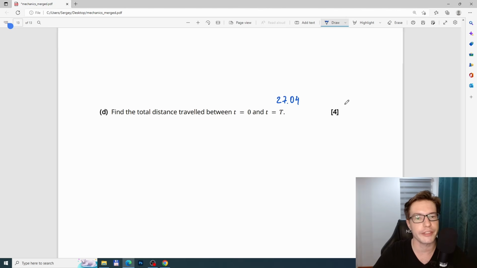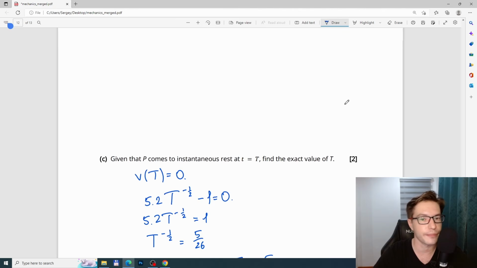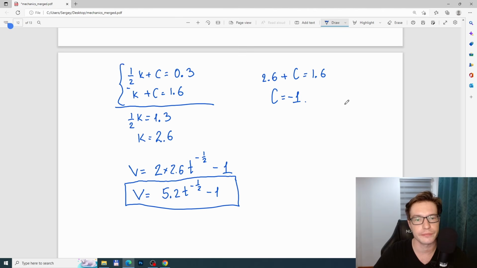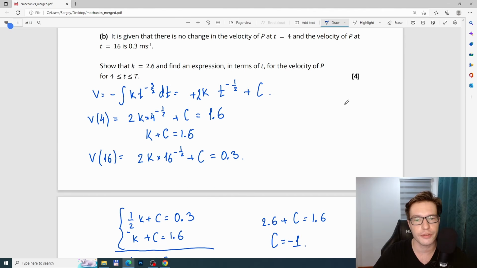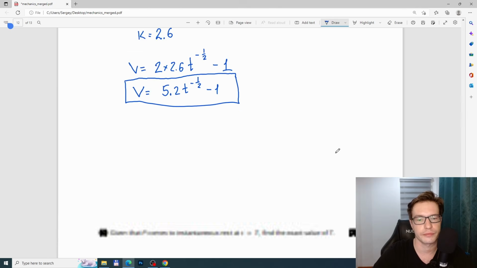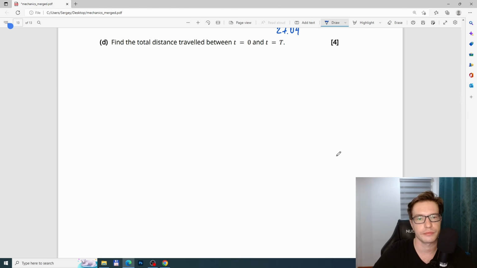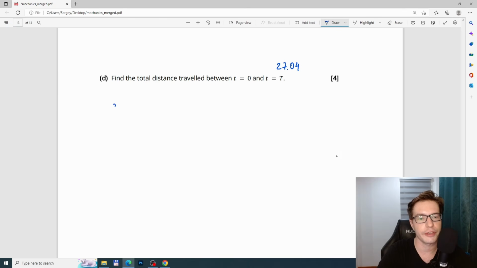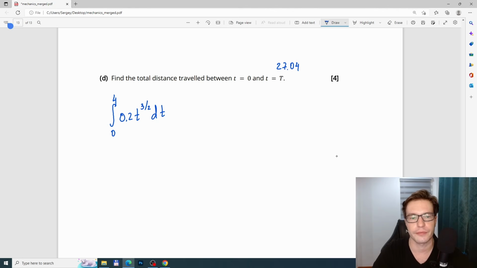Okay, now how do we find the distance if we know the formula for the velocity? We'll have to integrate it. So our first formula for the velocity is here. It's 0.2 t to the power of 3 over 2. So we'll have to integrate from 0 to 4, 0.2 t to the power of 3 over 2 dt.